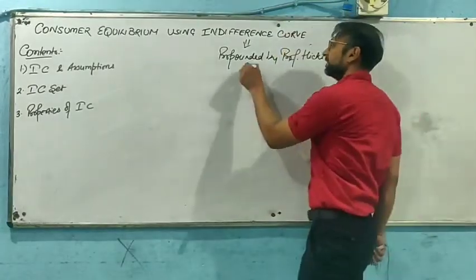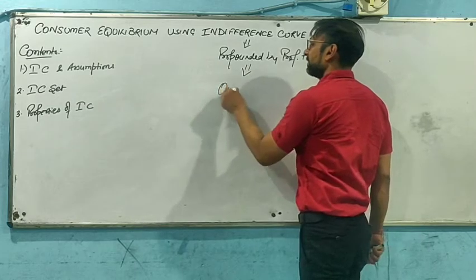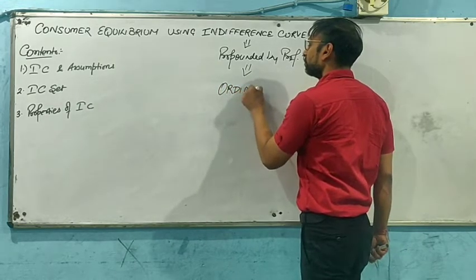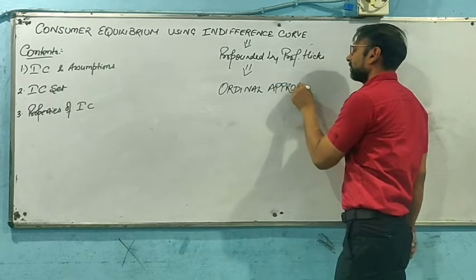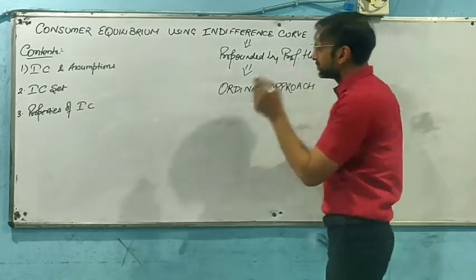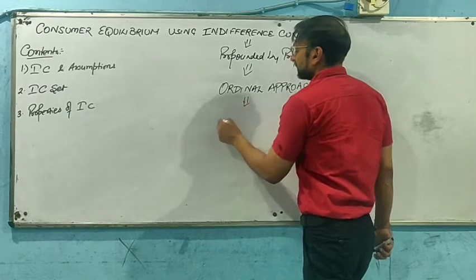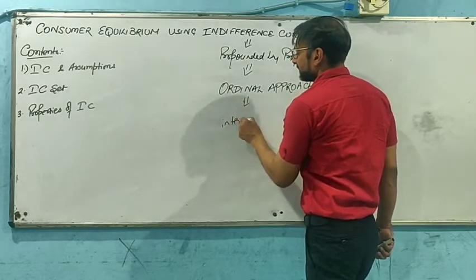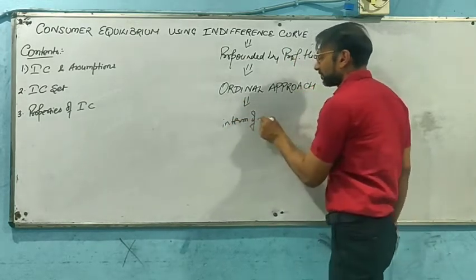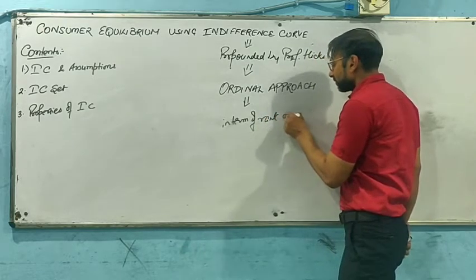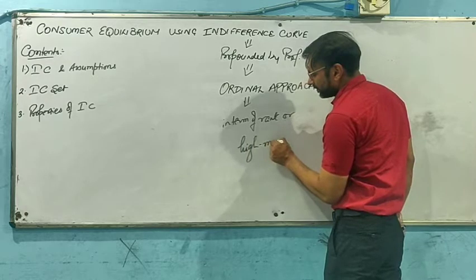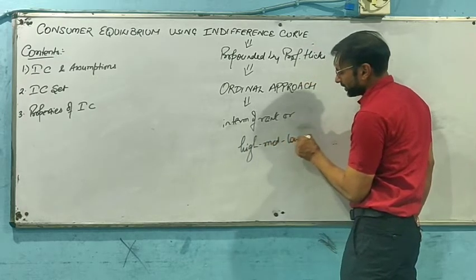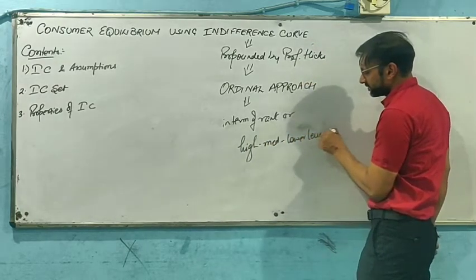So he gave his approach the name ordinal approach, an ordinal approach of defining consumer equilibrium, where he defined satisfaction in terms of rank, or in terms of high, mid or lower level of satisfaction.